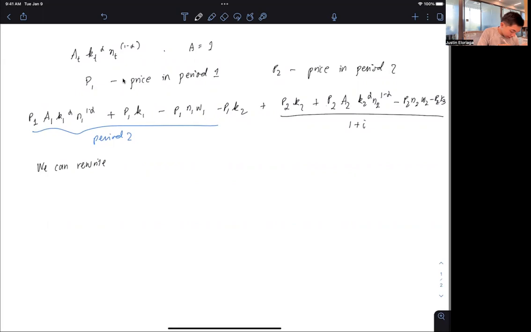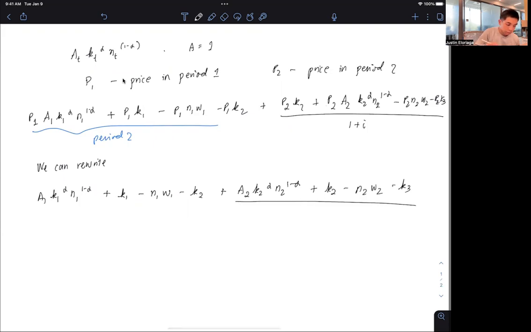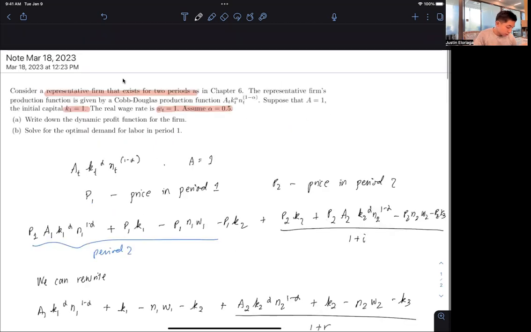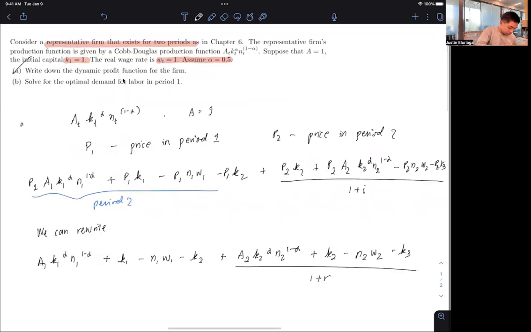What we get is A1 K1^alpha N1^(1 minus alpha), plus K1, minus N1 W1, minus K2, plus A2 K2^alpha N2^(1 minus alpha), plus K2, minus N2 W2, minus K3, divided by the real interest rate factor, which is 1 plus r. So that's the dynamic profit function of the firm, and that's the answer for A.